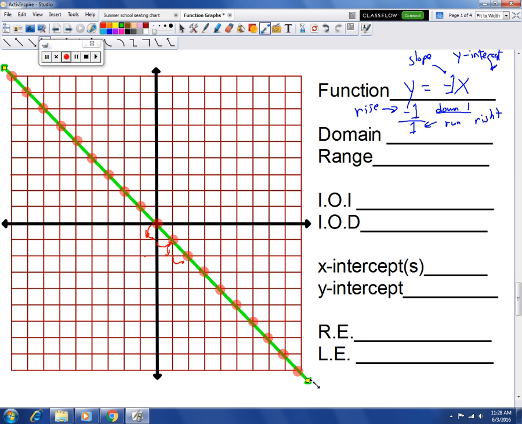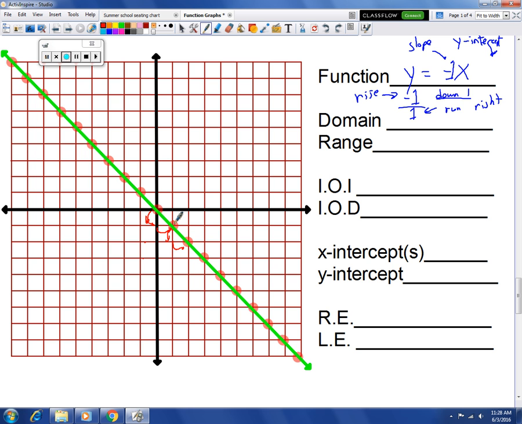Okay, domain. All right, I can substitute any number I want to. Right here, we substitute 0 in. These are on the x-axis. This is what our domain is. We used 3. We used 5. We got an answer. We used 7.